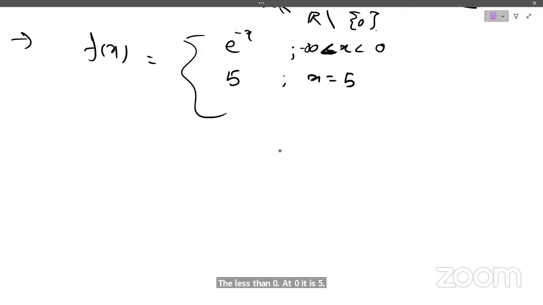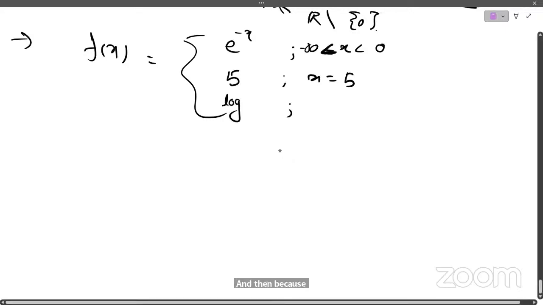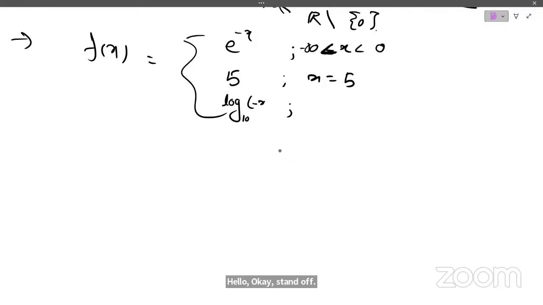And then it is log base 10 of x, when x is strictly greater than 0. Okay. So then it won't be defined. Wait. In place of this it is minus 10 and this is plus x.